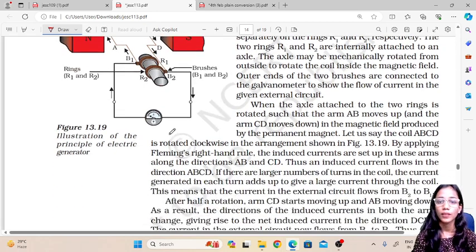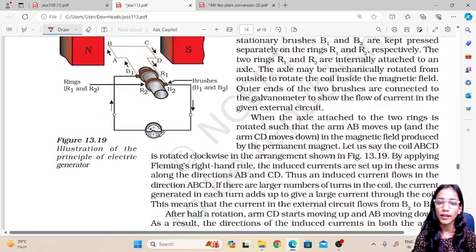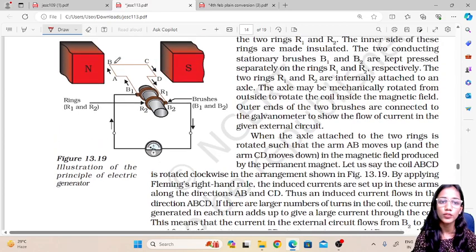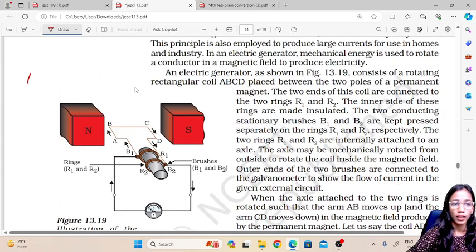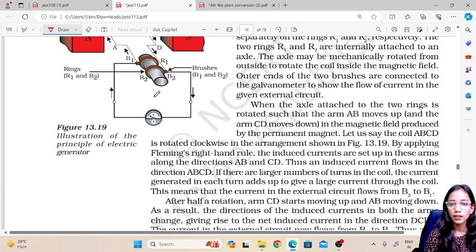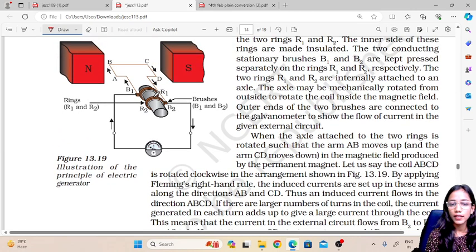When the axle attached to the two rings is rotated such that arm AB moves up and CD comes down, the coil is rotated in the clockwise direction, A, B, C, D. If you apply Fleming's right hand rule over here, the induced currents are set up along arms AB and CD.